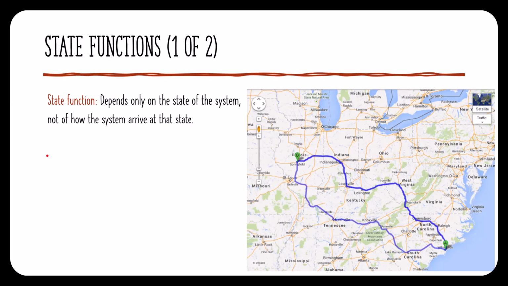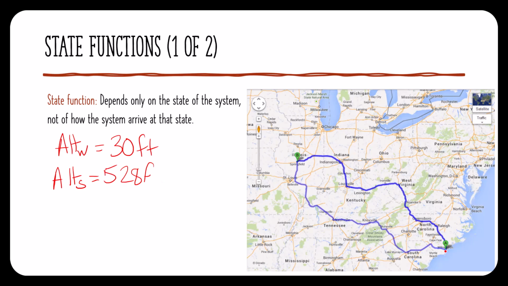The altitude in Wilmington is roughly 30 feet. We're essentially at sea level here, right? The altitude in Springfield is 528 feet.